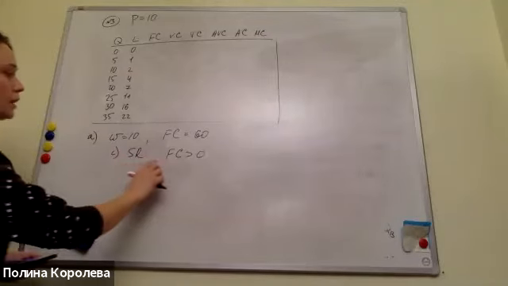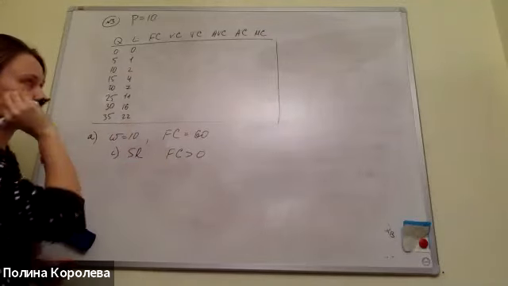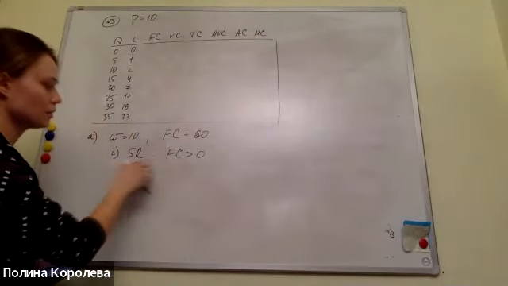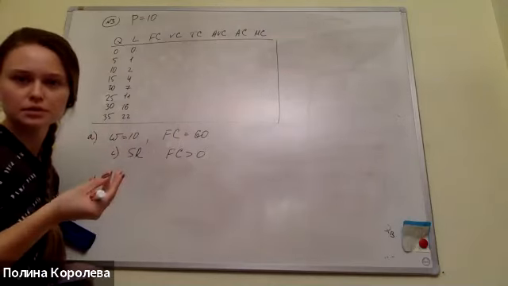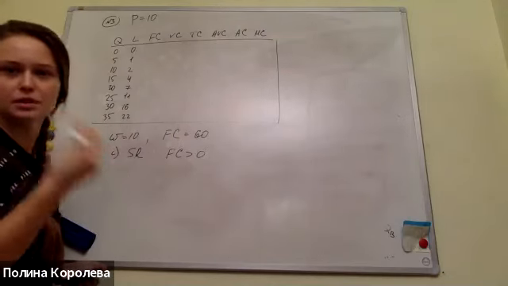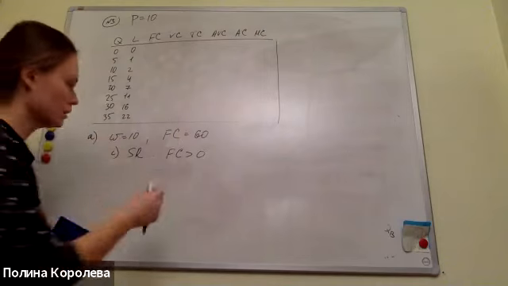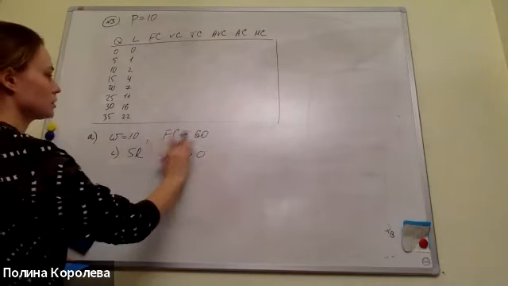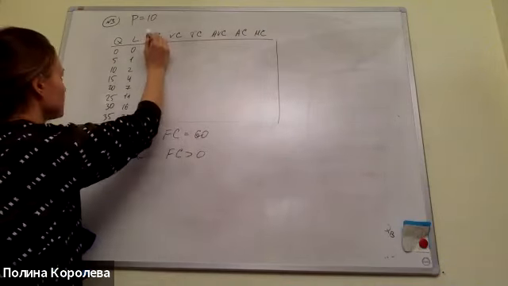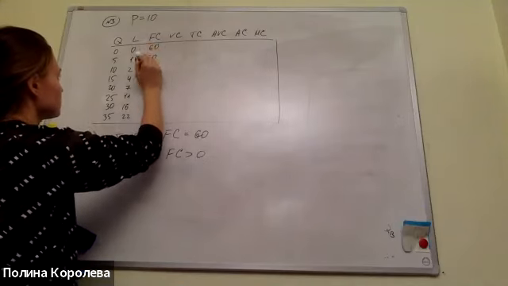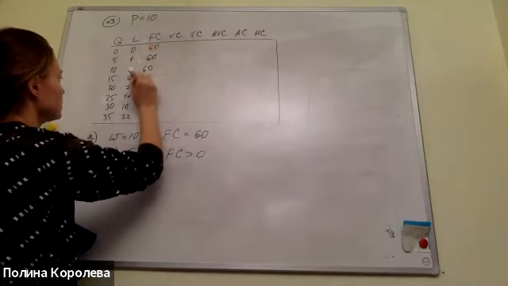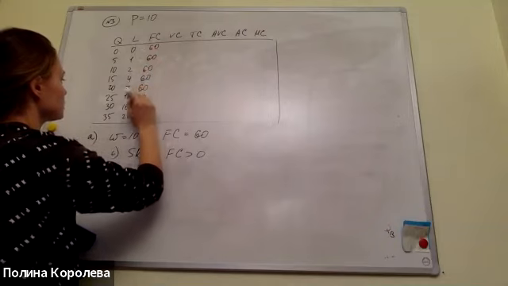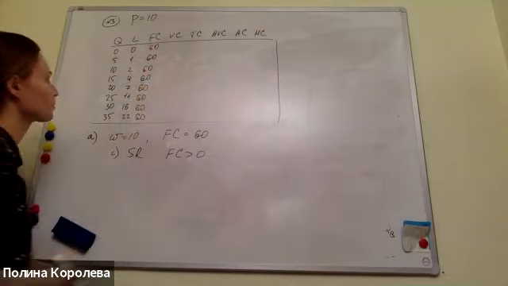Or we just have $60 in this column? Yeah, so we're speaking about the short run because we have fixed costs. That's why we have some fixed input, capital. That's why fixed costs are equal to 60. And here everywhere is 60, 60, 60, 60, 60, 60, 60, 60.